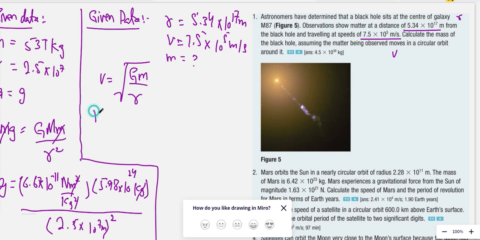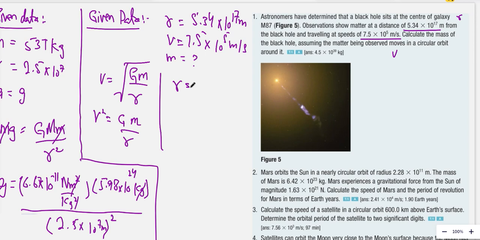It will be v square is equal to GM over r, so r v square by G will be equal to m.